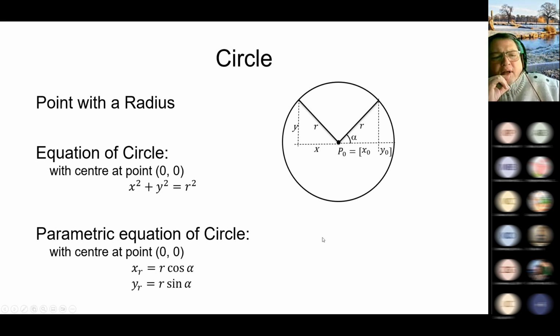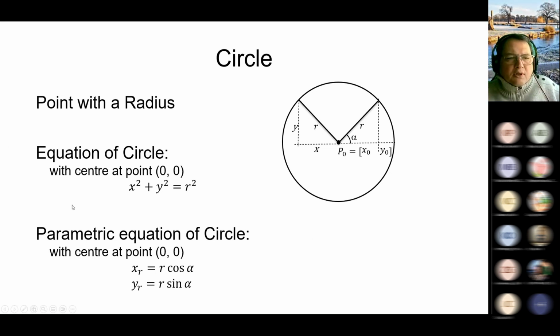Okay, but we also have another interesting equation of a circle. Again, this is a circle with the center at the point 0, 0. It's quite an important formula, because it's most usually used to draw circles in computer graphics.